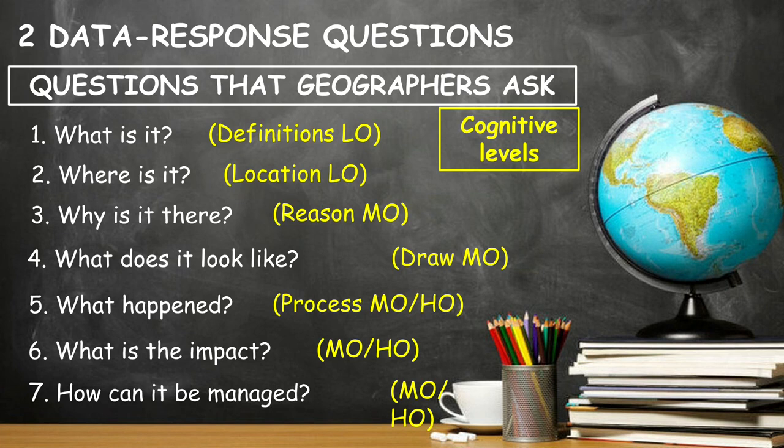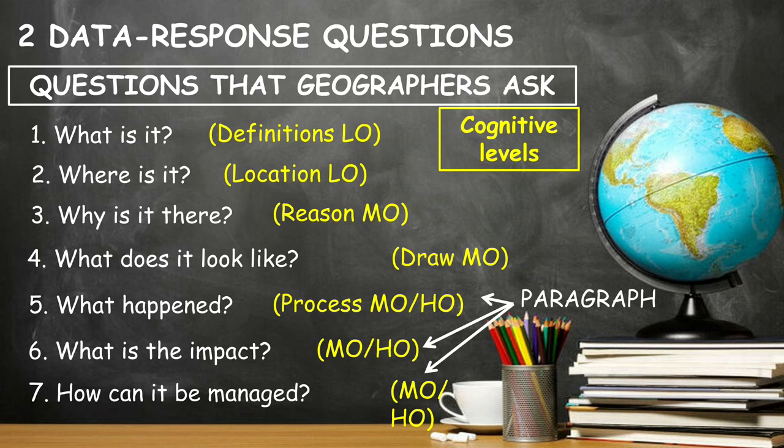And then the last question that geographers ask, how can it be managed? That will also be your middle to higher order questions. And that is usually your paragraph type questions. The last 3, the what happened, the what is the impact, and how can it be managed, are usually your paragraph type questions.